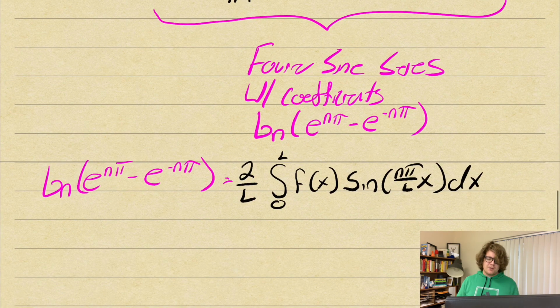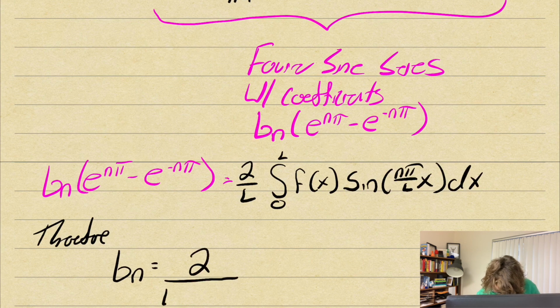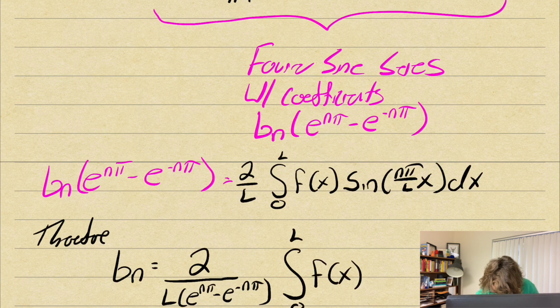So we can finally solve for our b sub n. It is going to be 2 over L times e to the n pi minus e to the negative n pi, times the integral from 0 to L of f of x sine of n pi over L times x dx.